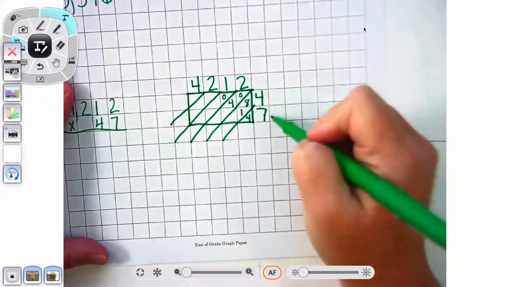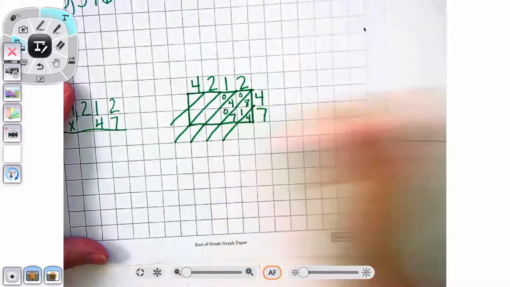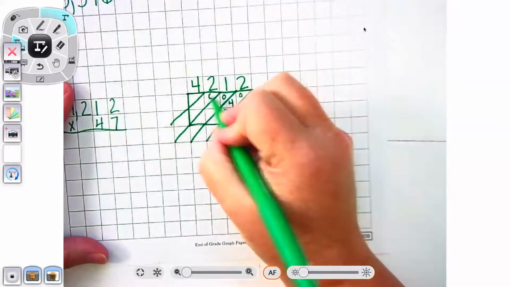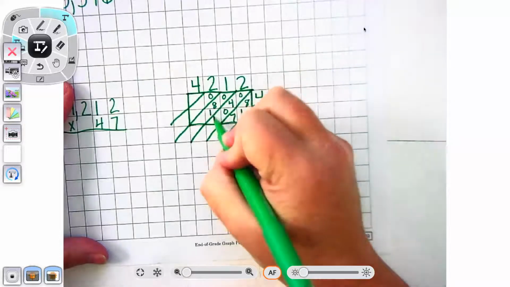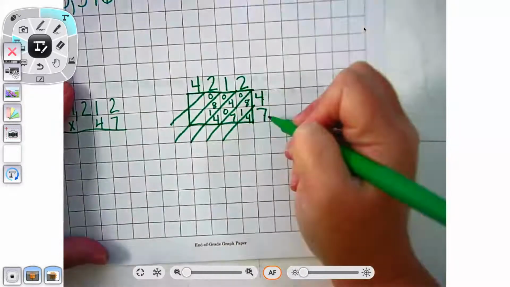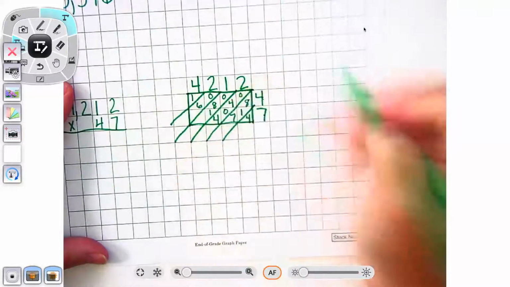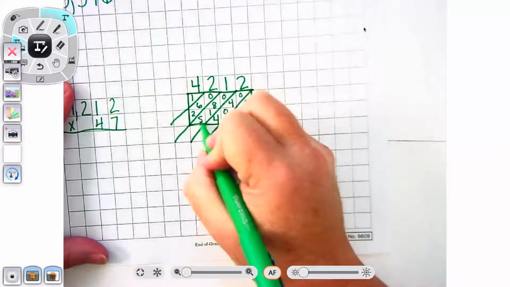Then I have 7 times 1 is 7, so that's going to give me 0, 7. Then 4 times 2 is 8. 0, 8. 2 times 7 is 14. 1, 4. Then I'm going 4 times 4, which is 16. And then 7 times 4, which is 2, 8.